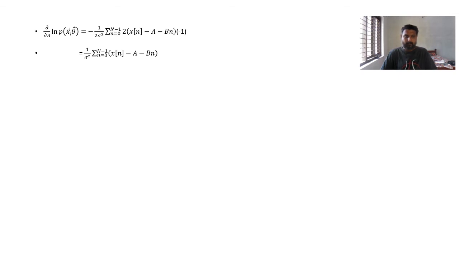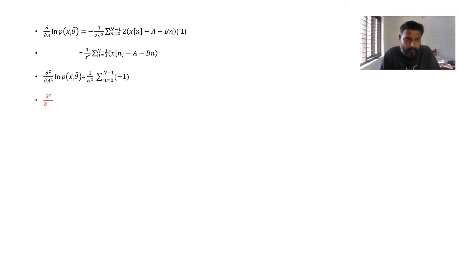Now what we will do, because the first parameter is nothing but dou square by dou a square, we will take the second derivative of this one, dou square by dou a square ln of p of x of theta is nothing but 1 by sigma square sum n equal to 0 to n minus 1 of x of n minus a minus b n. With respect to a it is nothing but minus 1, so I can write this as minus 1 by sigma square sum n equal to 0 to n minus 1 of 1, which is nothing but minus 1 by sigma square into n, or minus n by sigma square.